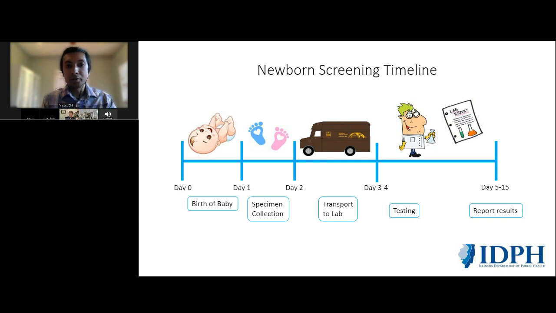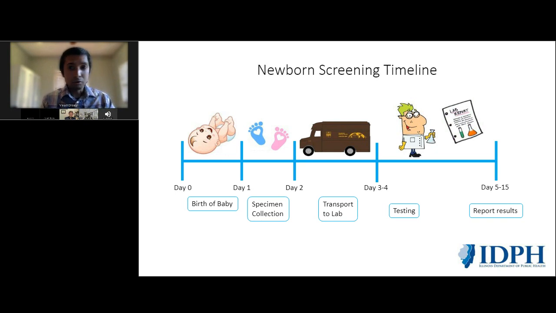The specimens are then transported to the laboratory where we conduct the testing, and depending on the test, whether the specimen will be negative or positive for a specific disorder, reporting the results typically takes about 5 to 15 days, depending, again, on whether there's confirmation testing that needs to be conducted. Each disorder has a different test that can take some time.